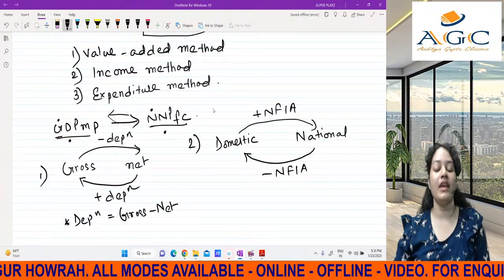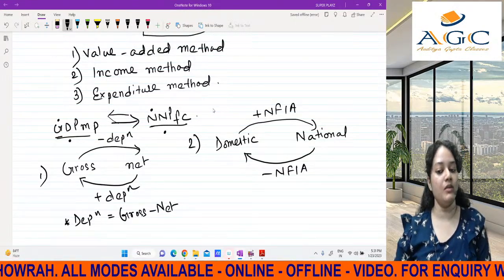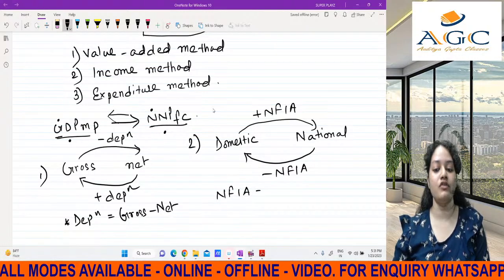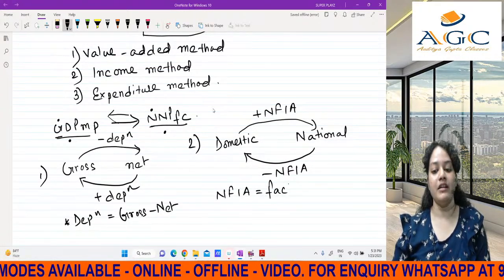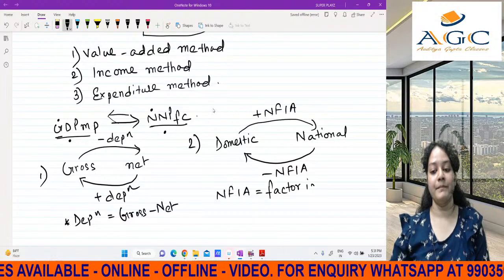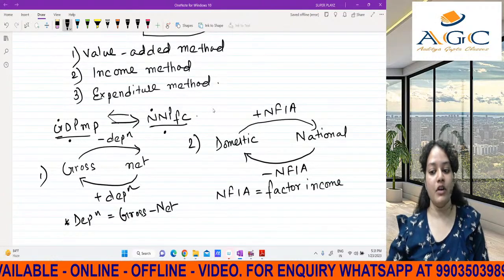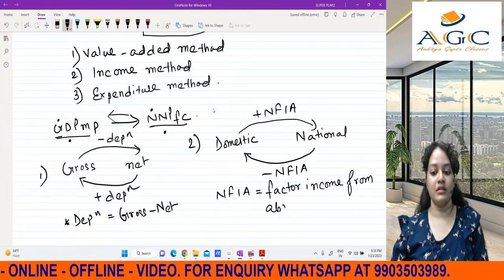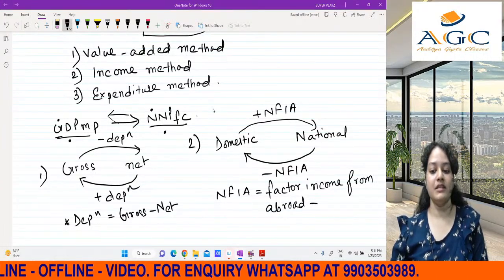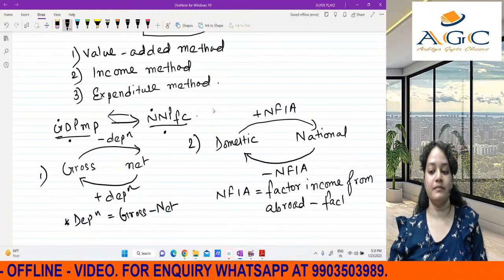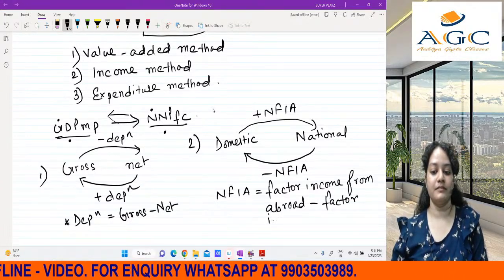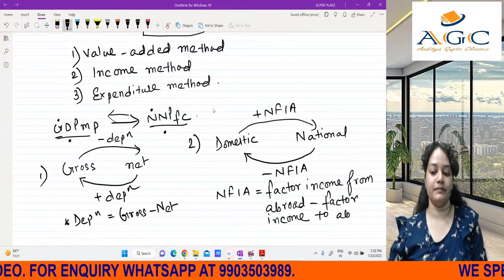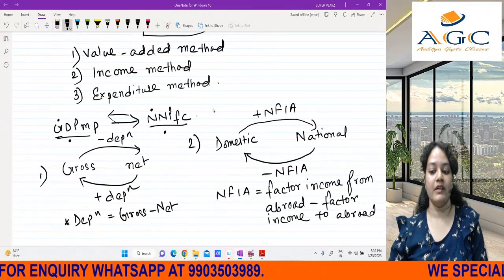Now the same thing, if NFIA is not given directly, what do we have to do? The formula to find out our NFIA would be factor income from abroad minus factor income to abroad, right?